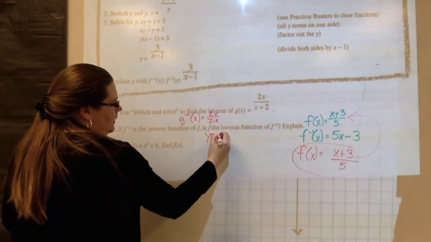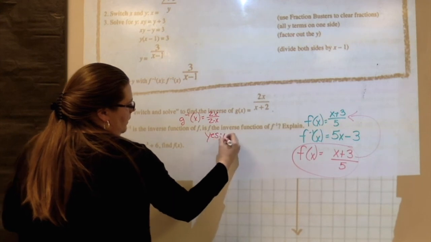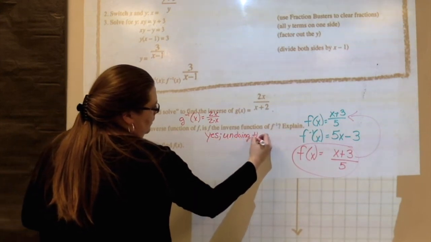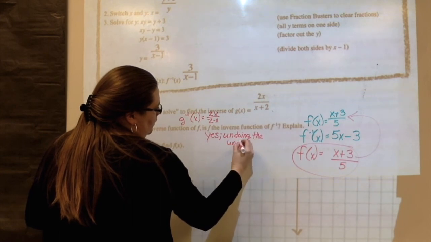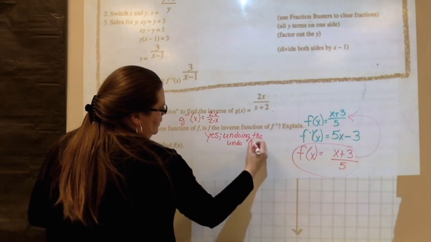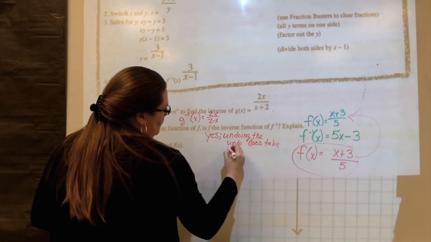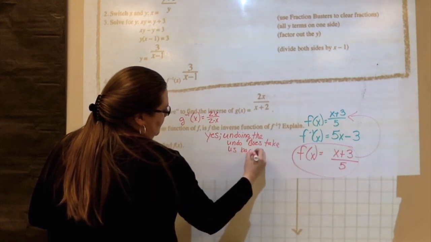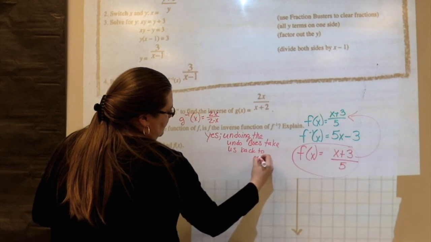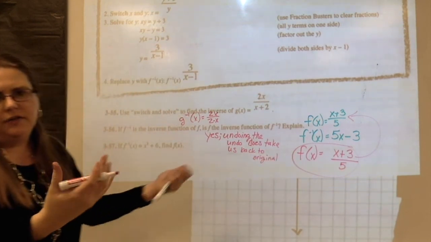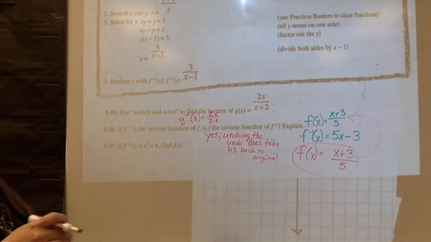So you can say yes. Undoing the undo does take us back to the original. And you can word this however you want. You can say that they undo each other. That probably sounds a little bit better.